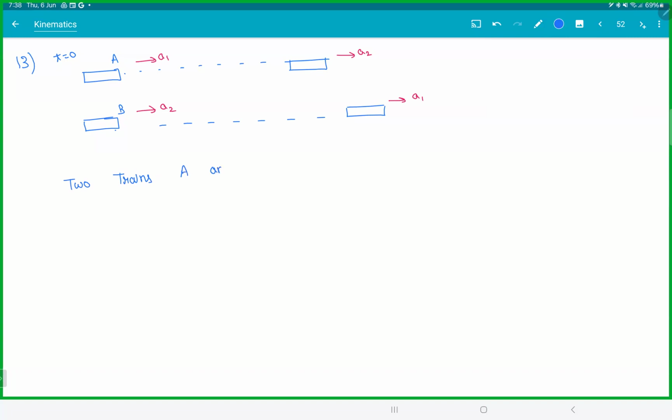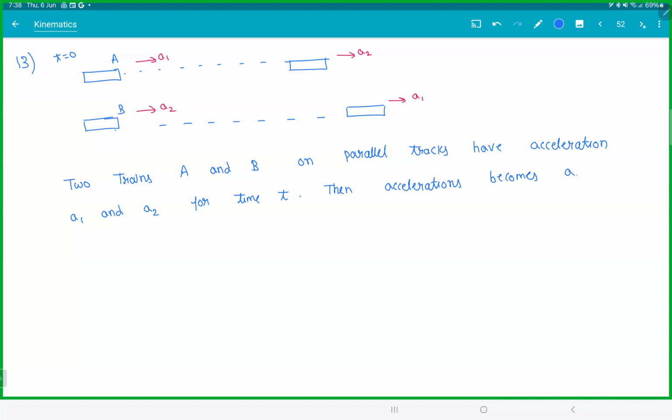Two trains, A and B, on parallel tracks have acceleration A1 and A2 for time T. Then accelerations become A2 and A1 for another time T. Meaning, if I give you numbers, it will be like this.